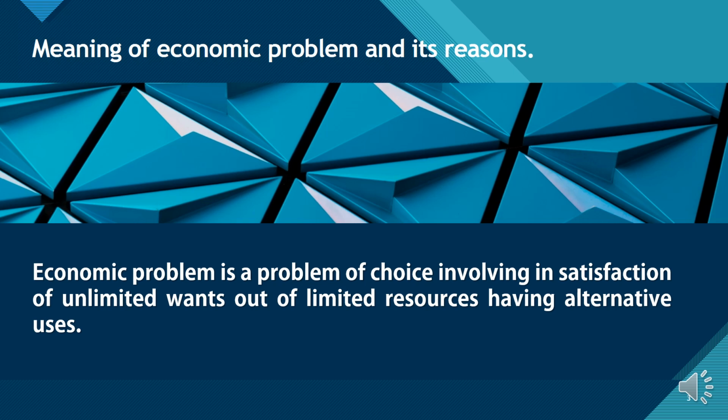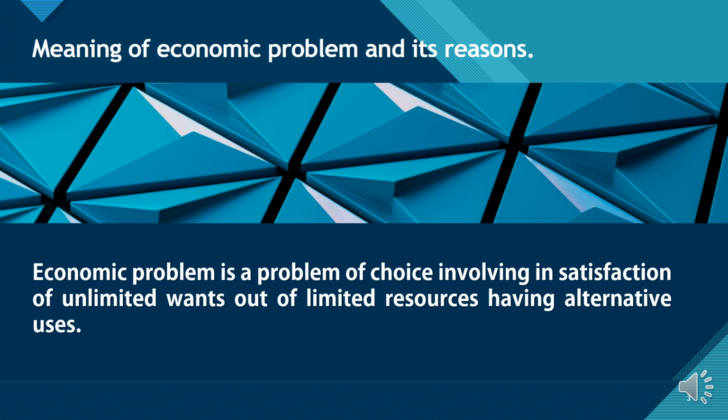Now, economic problem is a problem of choice involving satisfaction of unlimited wants out of limited resources having alternative uses. So here you can observe there are three keywords. First one is unlimited wants, second one is limited resources, third one is alternative uses.